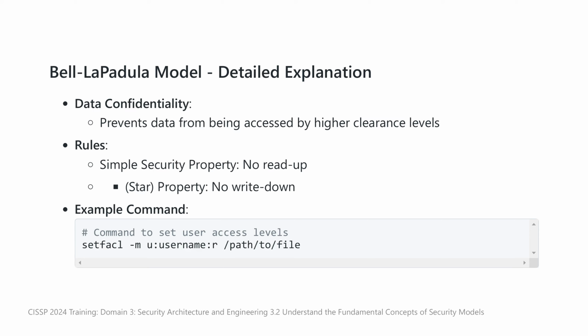To illustrate this in practice, let's consider a common command used in Unix-like operating systems to set user access levels: setfacl -m username r path to file. This command modifies the file access control list, ACL, to grant read permissions to the specified user. By implementing such commands, organizations can ensure that user access strictly adheres to the policies laid out by the Bell-LaPadula model. In essence, this model is a fundamental component in systems requiring stringent data confidentiality, such as military environments, to prevent unauthorized data access and leakage.